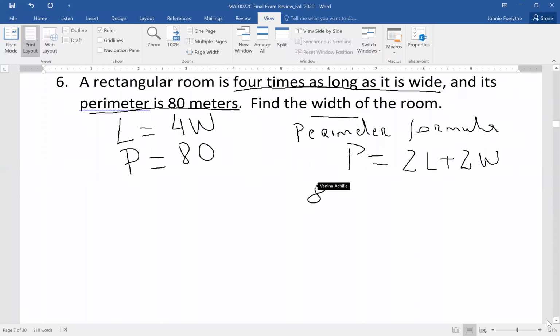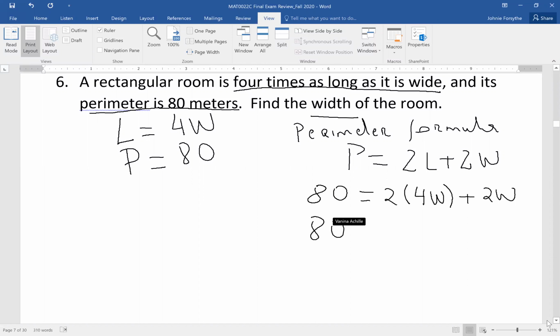So P equals 80. Then I have 2 times L. I know that L is equal to 4W. And then plus the 2W.